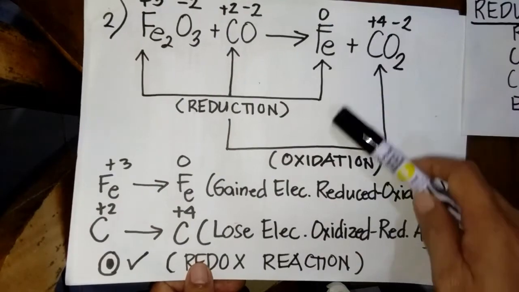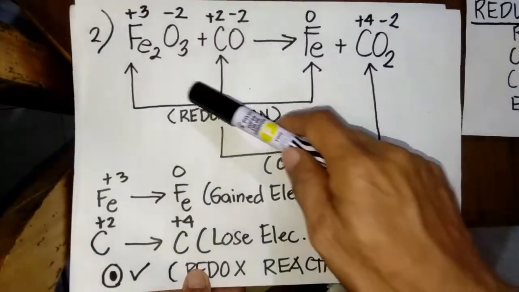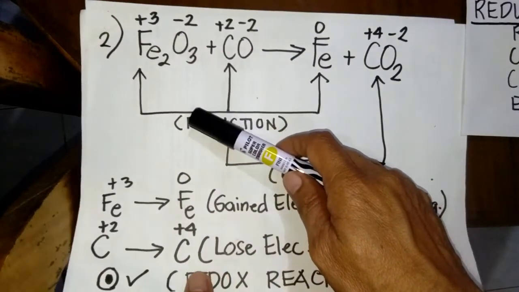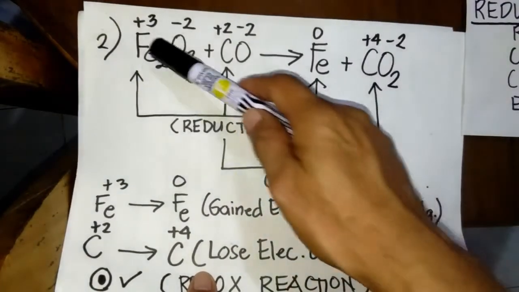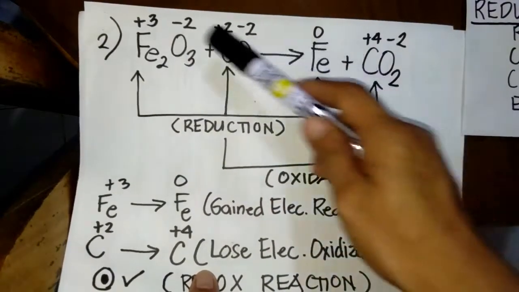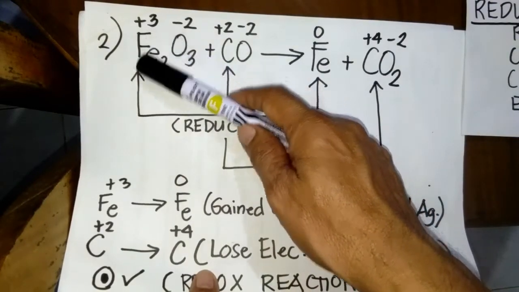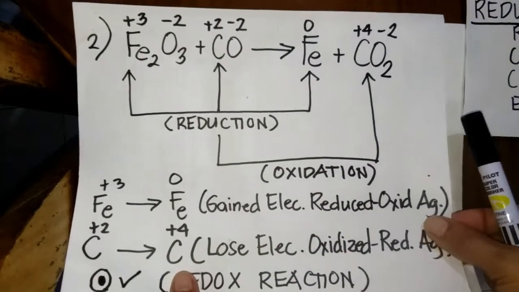That's why it is called oxidation. Now it is a reduction when the oxidation number becomes more negative or less positive. So reduction, the Fe, from positive 3 to 0, becomes less positive. Okay, so those are the rules that we have applied.